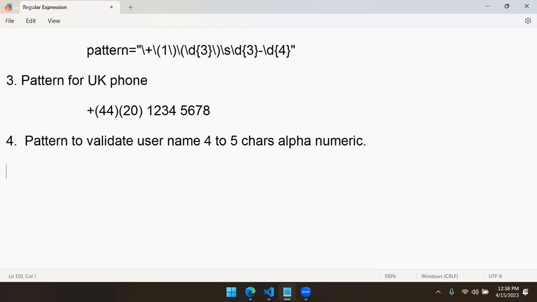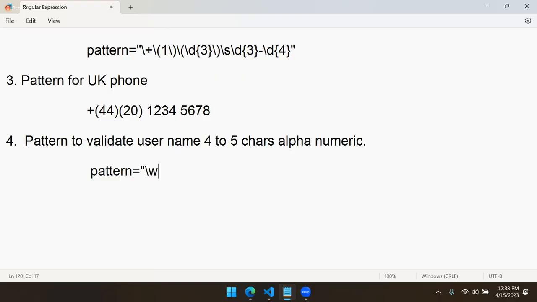Alphanumeric: lowercase, uppercase, numbers can be there, but it should be 4 to 15 characters. Alphabets and numbers means I can write \w.